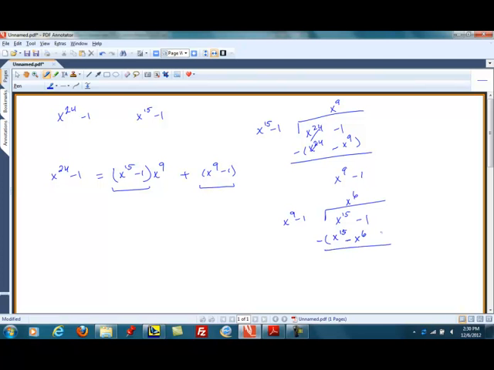When I subtract that, I get an x to the 6th minus 1, which is smaller than x to the 9th in degree. So we have x to the 15 minus 1 is equal to x to the 9 minus 1 times x to the 6th plus x to the 6th minus 1.